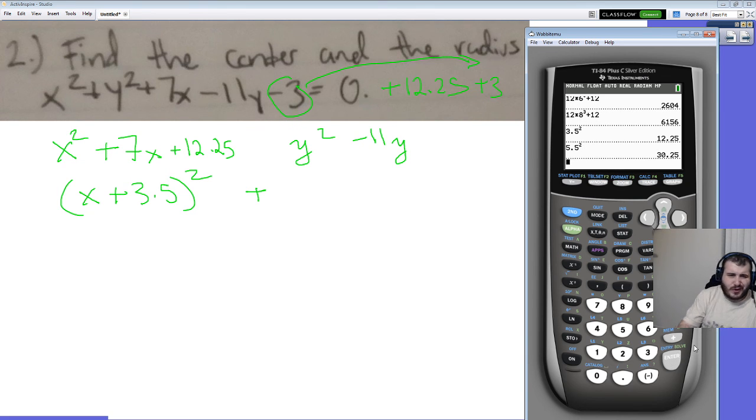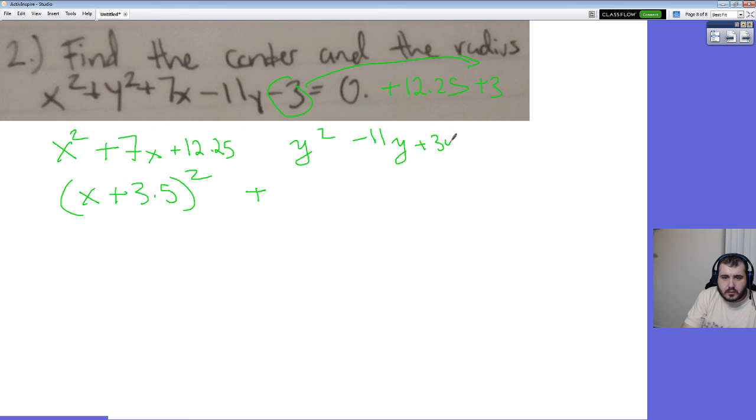And I really don't want to do it on paper either, to be honest. 30.25. I'm going to make sure to add that up here as well. And so when I simplify it down, I get y minus 5.5, the quantity squared.